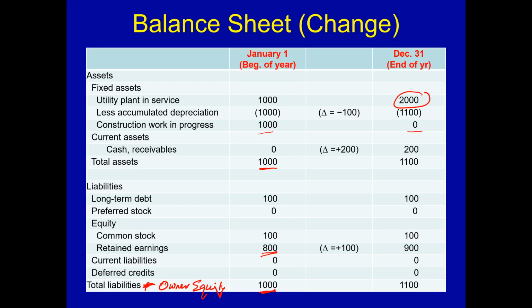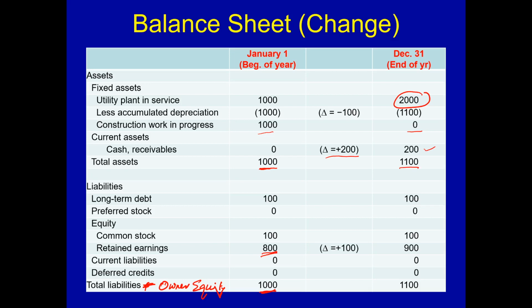The cash has increased by $200. Remember the cash report statement; go back if you like to see it. We have $200 infused there, so this is the $200 here, and the total assets have now become 1100.